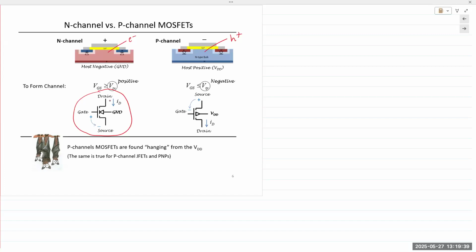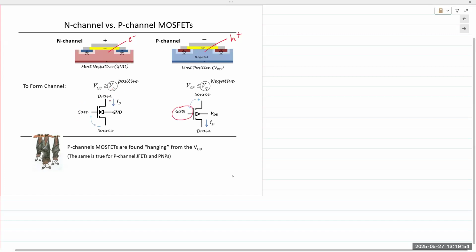With a PMOS, you have a channel created of holes. So you want to apply a negative voltage at the gate to attract the holes to come up to the surface of the device. Okay, so you want negative voltage at the gate here, and a positive voltage in the NMOS transistor.